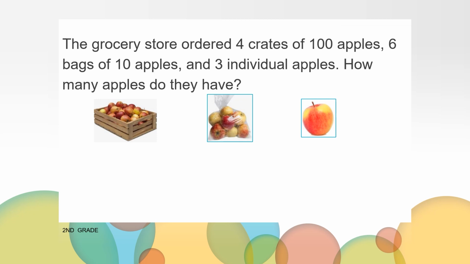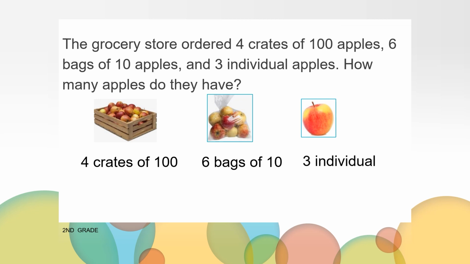How many of each are there? There are 4 crates of 100. There are 6 bags of 10, and there are 3 individual apples. How many apples is that altogether?